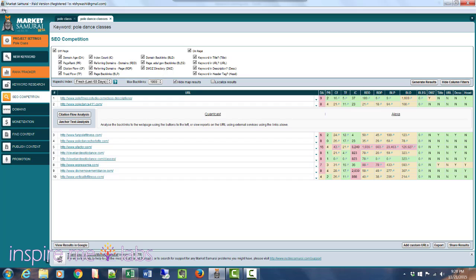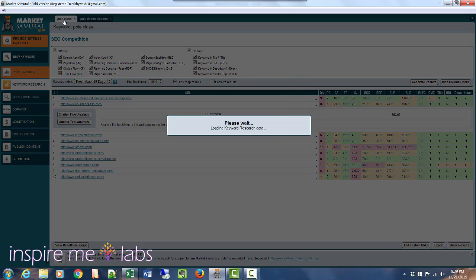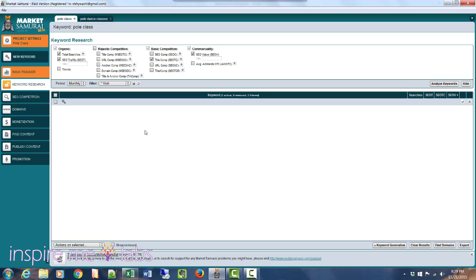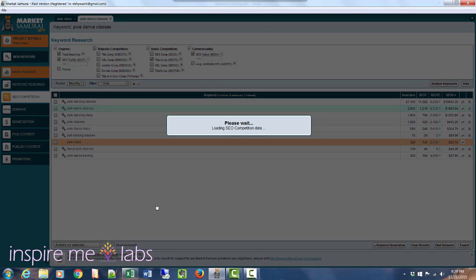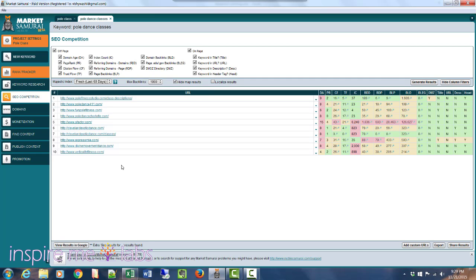You can of course save the project and come back later to expand on it, add more keywords, or look at more top 10 SERP analysis and keep saving as you go along. I would really use just these two features, this particular feature right here and the SERP analysis. That's what Market Samurai is best at, and we should stick with that and use the other tools for the other functions.